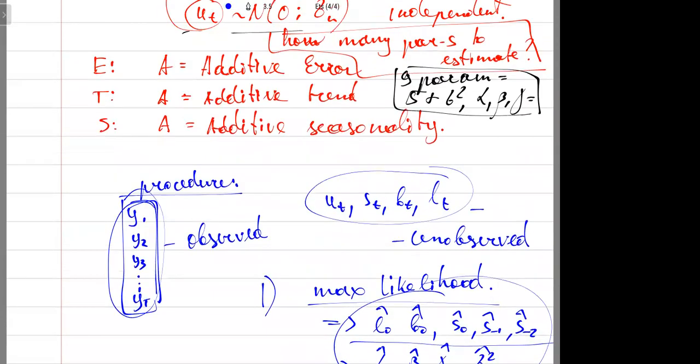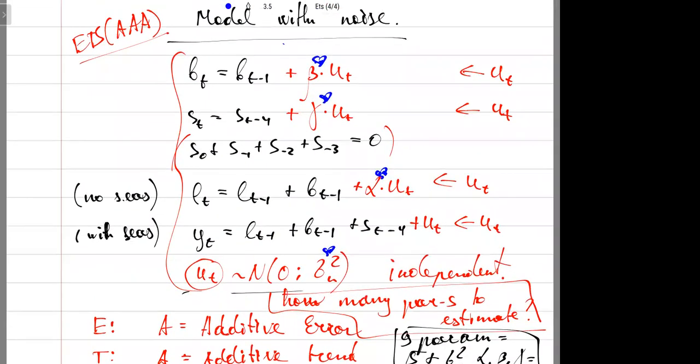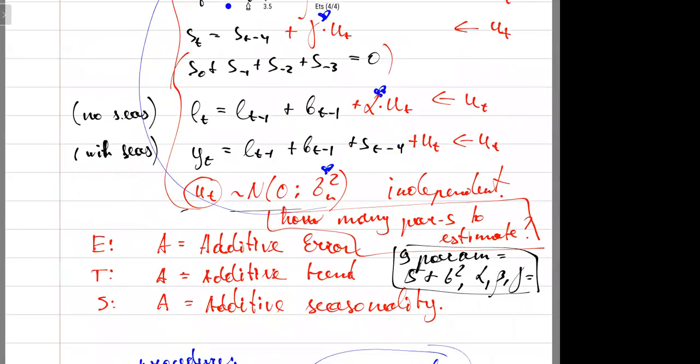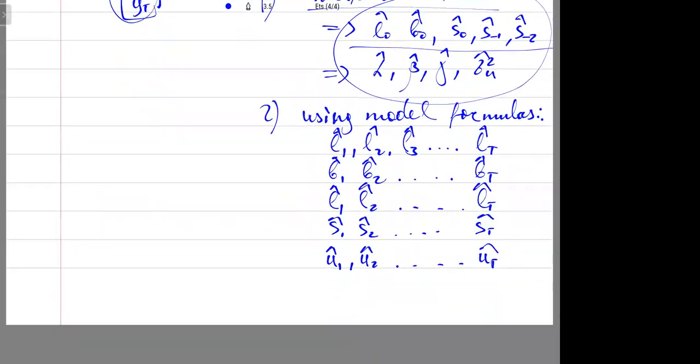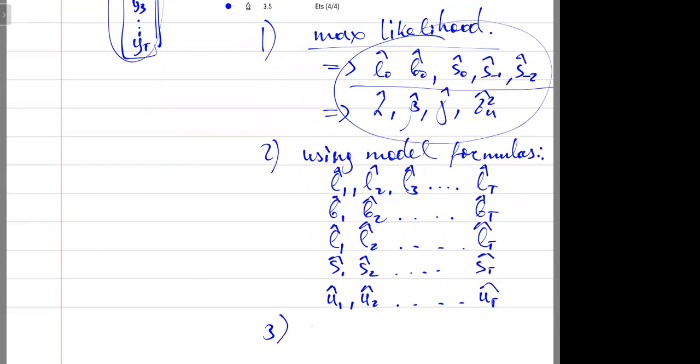We just use these formulas. So if you have B0, you can calculate B1. If you have L0, you can calculate L1. And next, the third step, you can forecast. Let's omit the first step, but let's see how we can calculate all the stuff we have, and let's see how we can make forecasts.